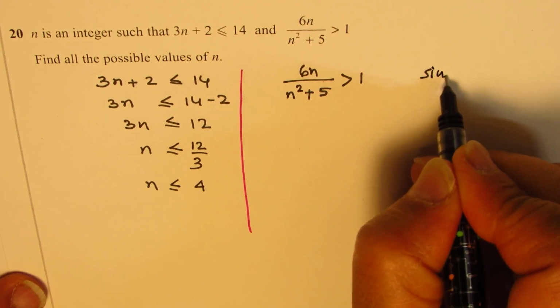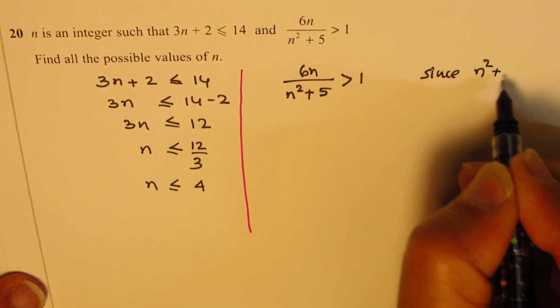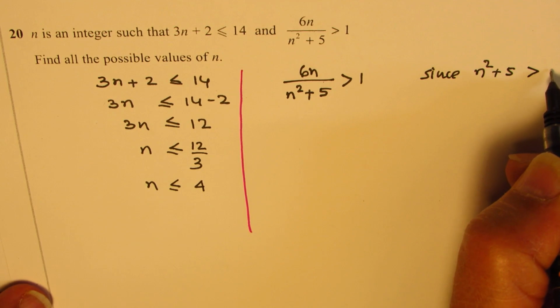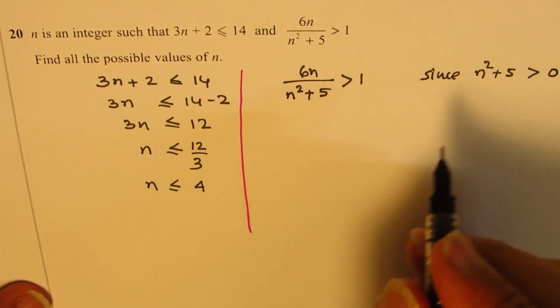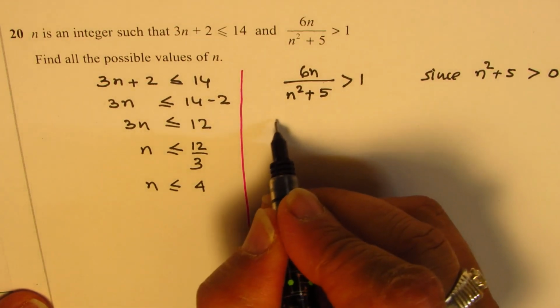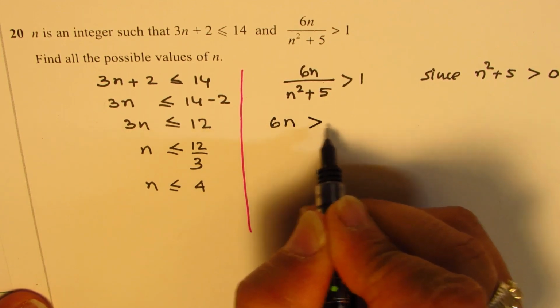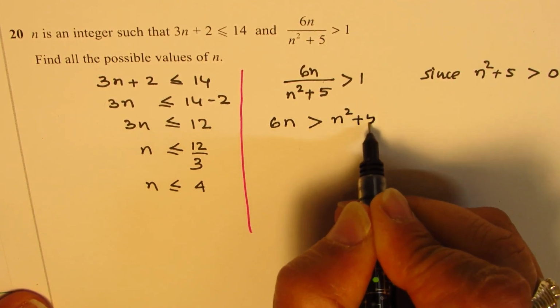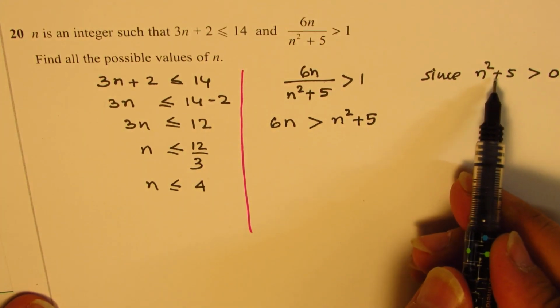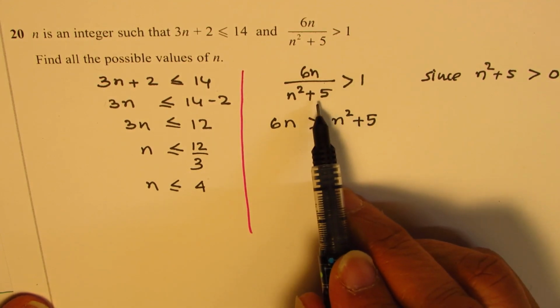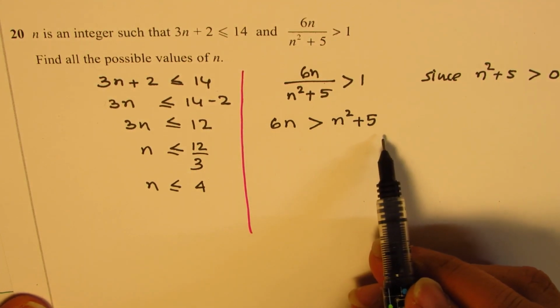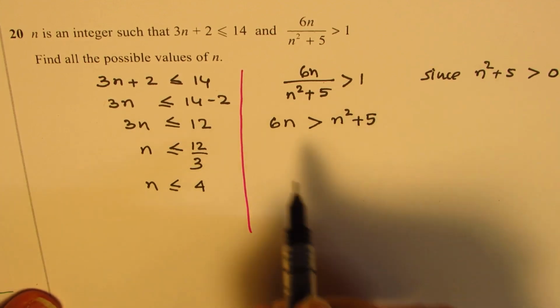Now since n squared plus 5 is greater than 0, we can multiply on both sides. We can write this as 6n is greater than n squared plus 5, right? If this was not true, we could not do this, right? Since it's a positive quantity, we can do it. That is kind of important to understand.